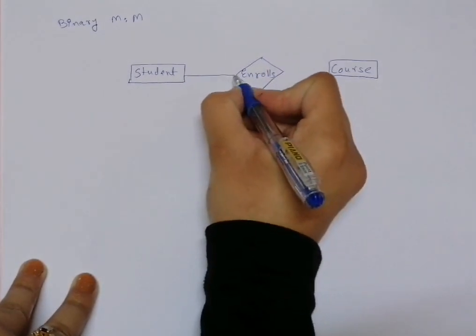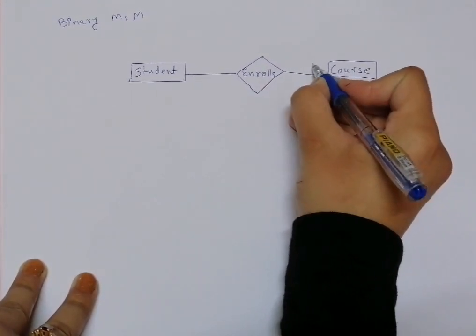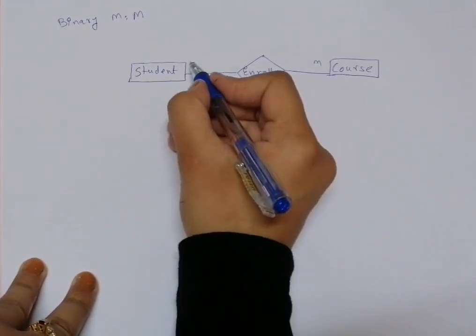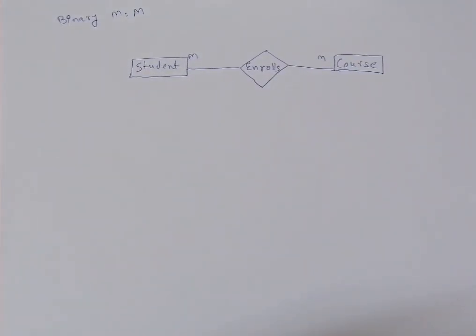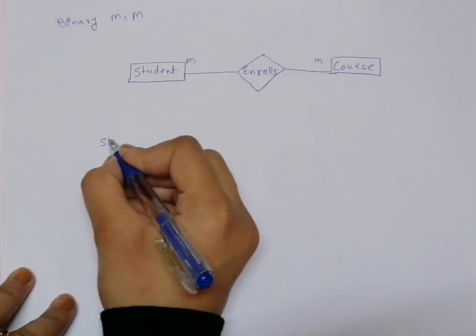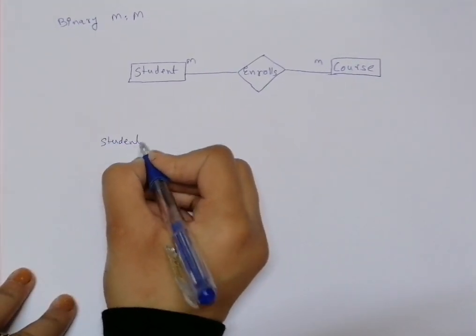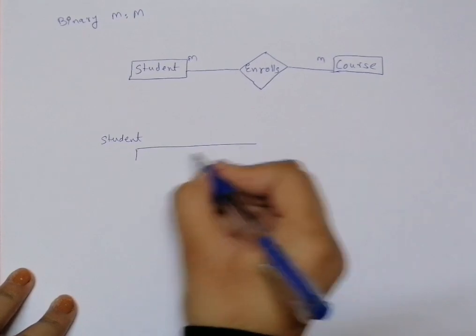So one student can enroll in many courses, and one course can be taken by different students. So this is a binary many-to-many relationship. In order to model this type of relationship, since both entities are in a many-to-many relationship, we initially construct the schema of these strong entities.